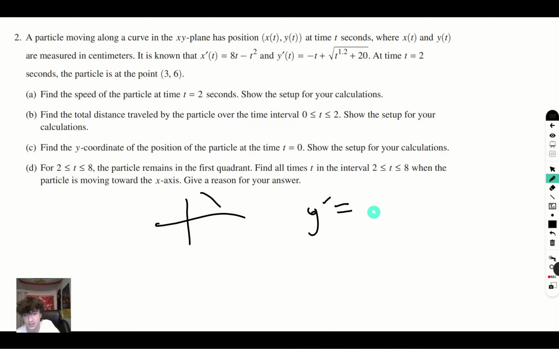So it's asking us when y prime is negative. So we can just graph our y prime. We press y equals on our calculator, negative x plus the square root of x to the 1.2 plus 20. There we go, and then we graph that.